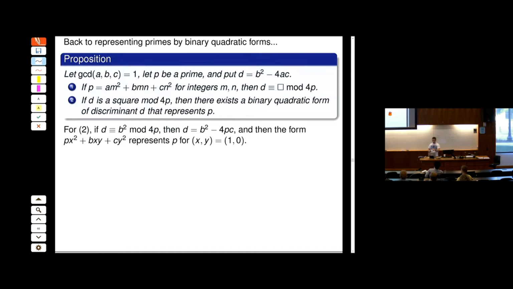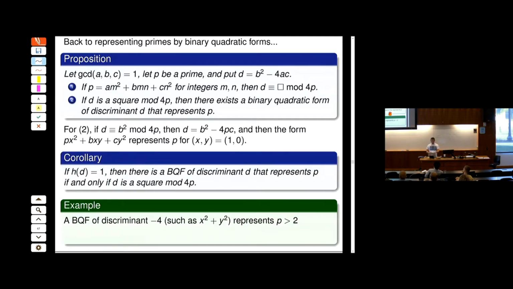Okay? So what happens? By the way, for 2, it's not very mysterious. You can find the form if you play a little bit with what form would represent it. But when you have only one class of quadratic forms in your discriminant, then in this proposition, if you have a form that represents p, then d is a square mod p.